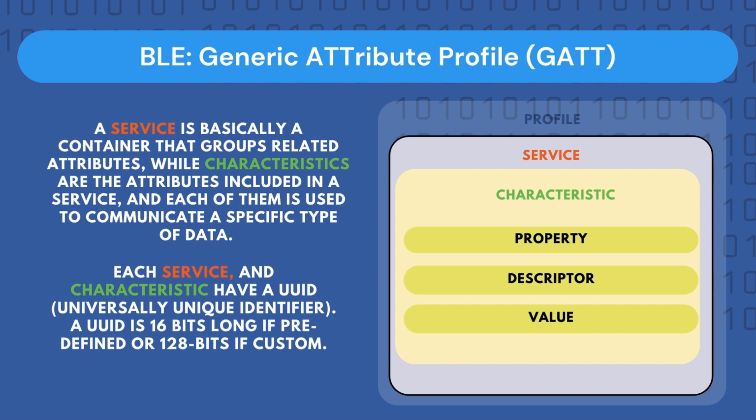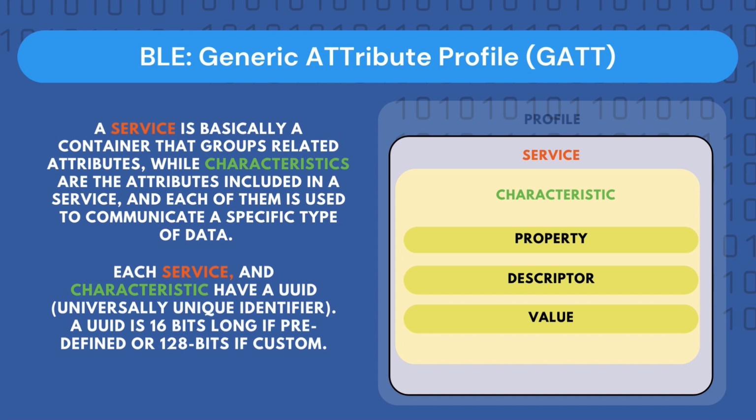It's important to note that each service and characteristic has a UUID, or Universally Unique Identifier. A UUID is 16 bits long if it's predefined by Bluetooth SIG, or 128 bits long if it was custom made.